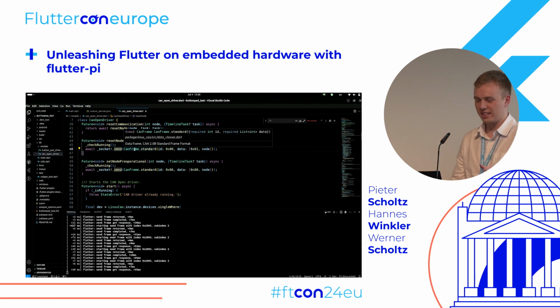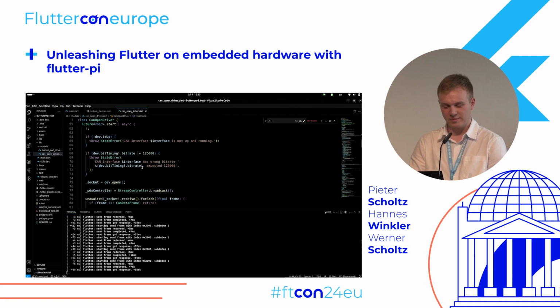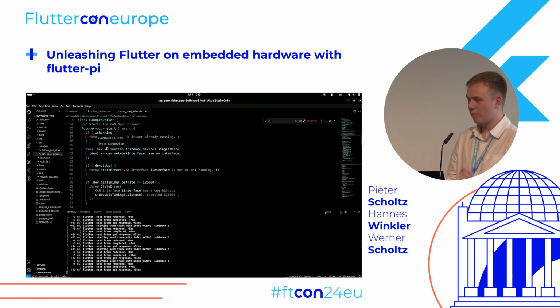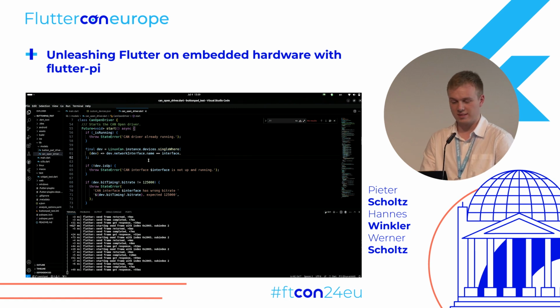It's like a special CAN frame we send to the device, and then it starts or resets. And this is how we actually open the CAN device. So we use Linux CAN here. It has a single instance, and we look for the right device, or the right network interface actually.